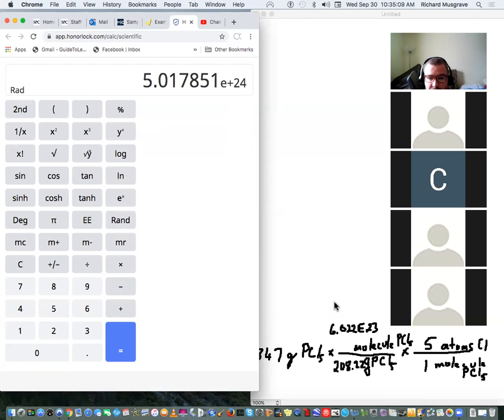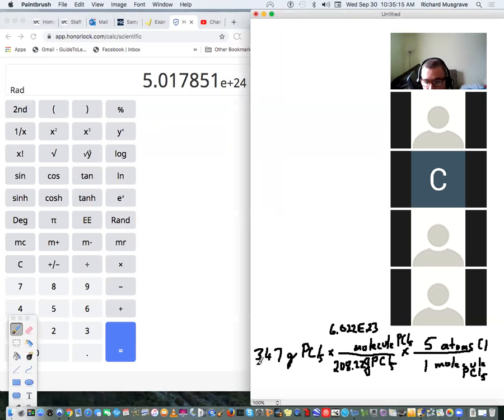So that would be our answer there, 5.017851 times 10 to the 24th. But again, we want to look at the number of sig figs we have at the beginning, which is 3, which is why the answer would be 5.02 E24, and the unit would be atoms of Cl.